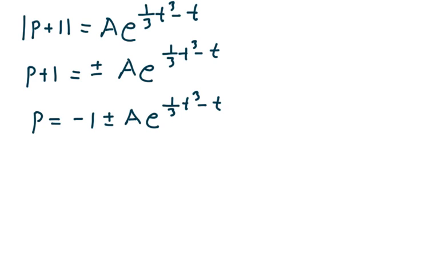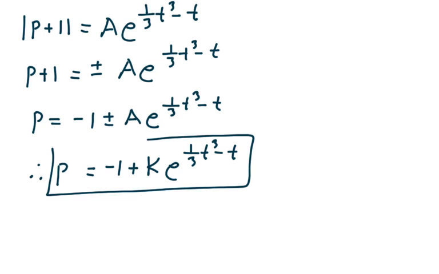Another way you can write this is p is equal to negative 1 plus k e to the (1/3 t cubed minus t). This would be okay, but you would just have to specify that k is plus or minus a, essentially. That's what I would do.